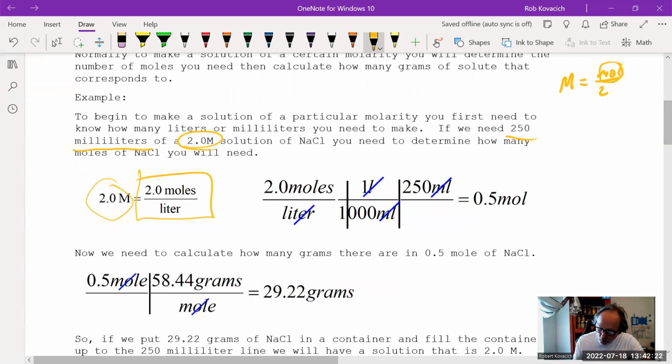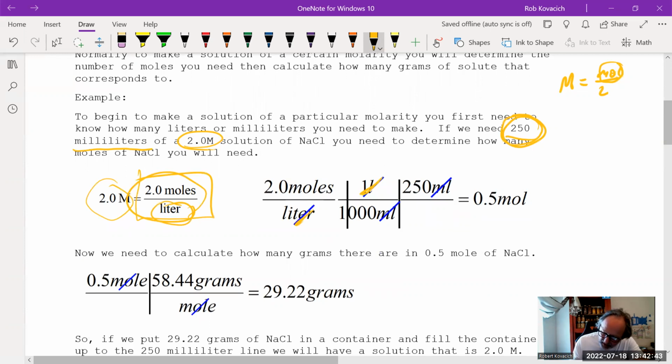How many actual moles do I need? Well, I only want to make 250 milliliters of solution. This is moles per liter, but I don't want a whole liter, I want less. So I've got 2 moles per liter, and I'm going to put liters in the numerator and milliliters in the denominator, so the liters cancel out.